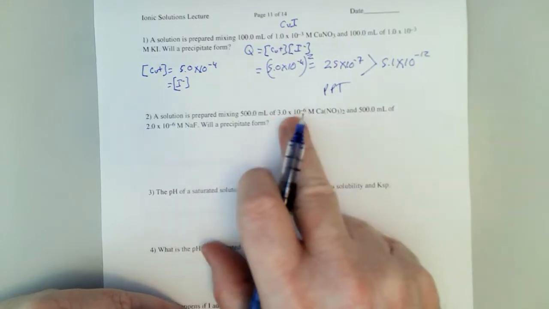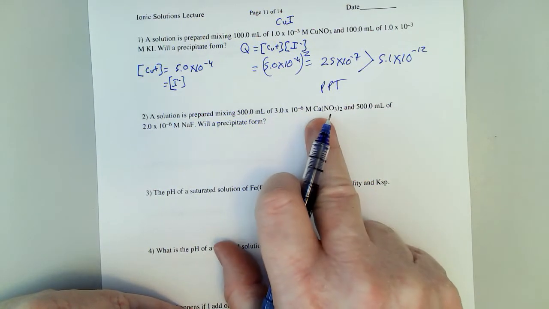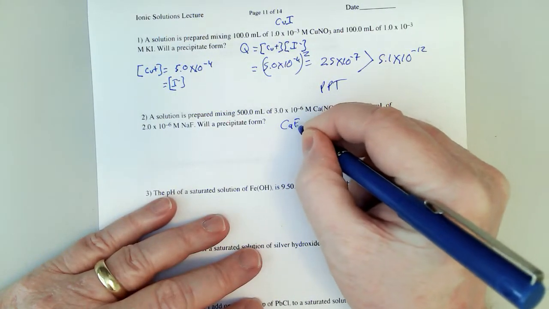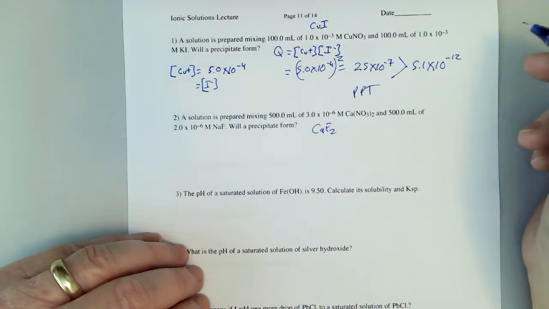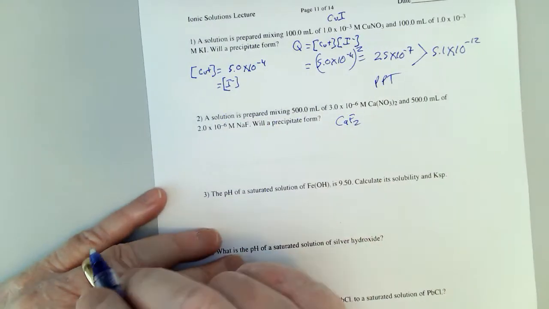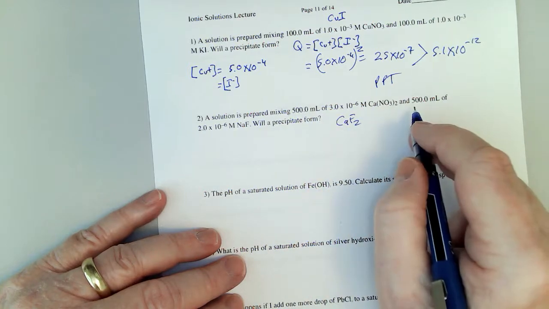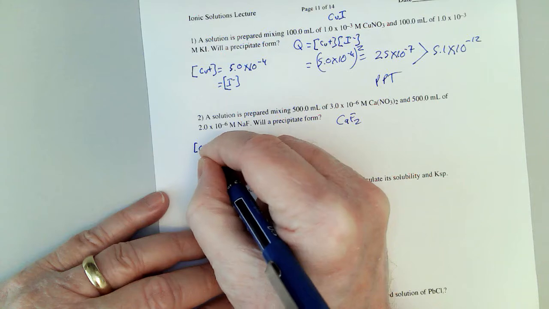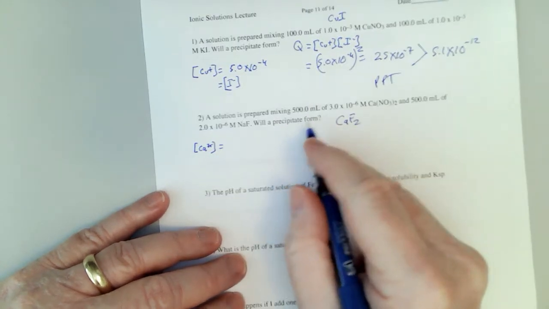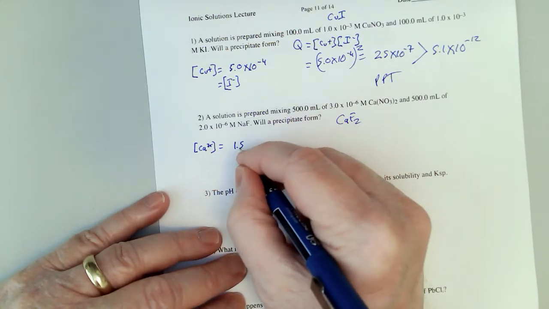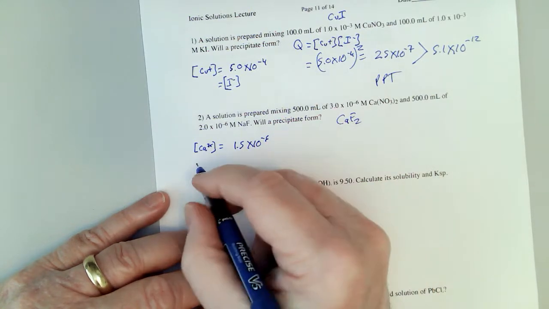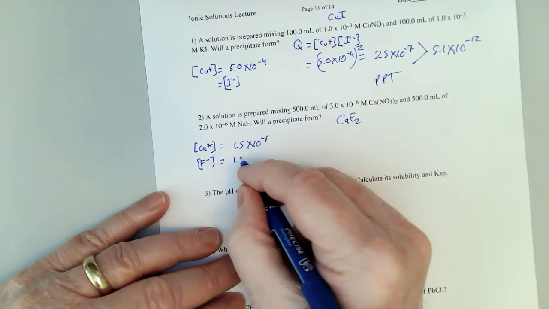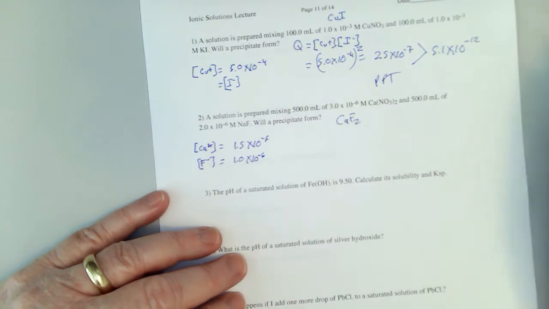Now, I'm going to mix 500 milliliters of calcium nitrate, 500 milliliters of sodium fluoride, so CaF2 is my potential precipitate. Okay? So I have to calculate its Q. 500 and 500 again, I'm cutting these concentrations in half. So the concentration of calcium ion is going to be 1.5 times 10 to the negative 6th. And the concentration of F- will be 1.0 times 10 to the negative 6th.